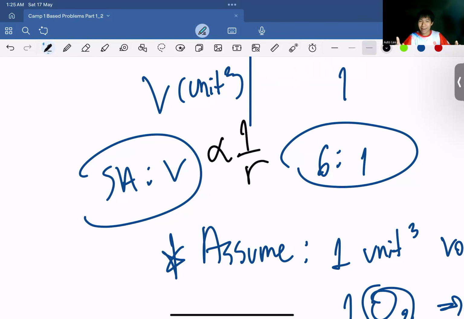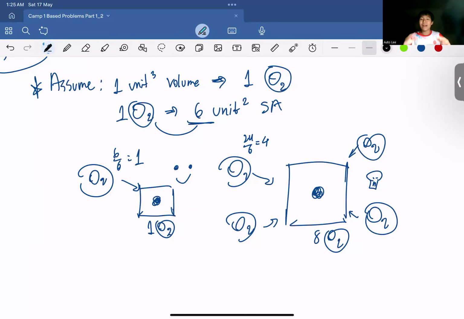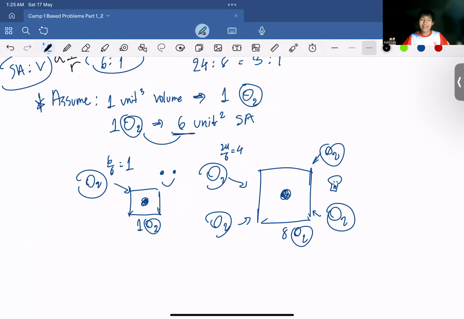So when cells are too big, the volume gets too big, and basically the surface area won't be capable enough to feed the amount of volume, because the surface, basically the area of the cell membrane, is responsible for taking in and also exporting waste out.